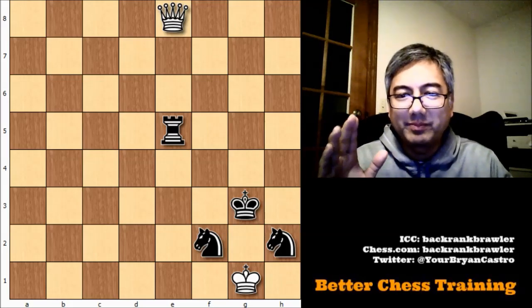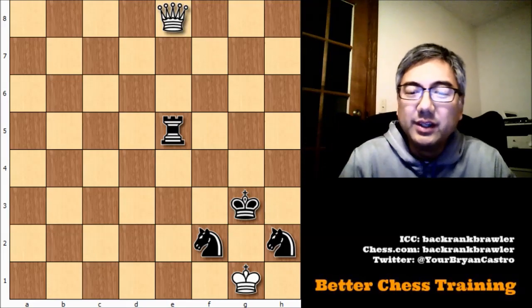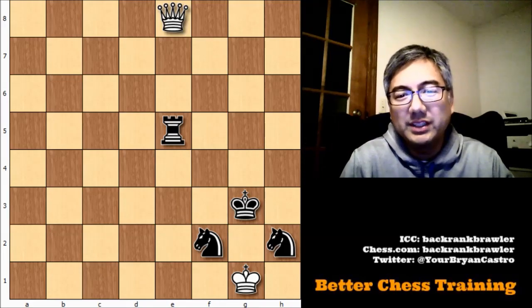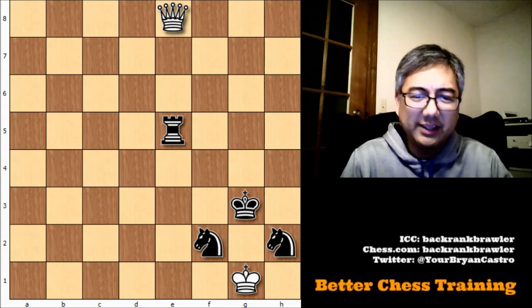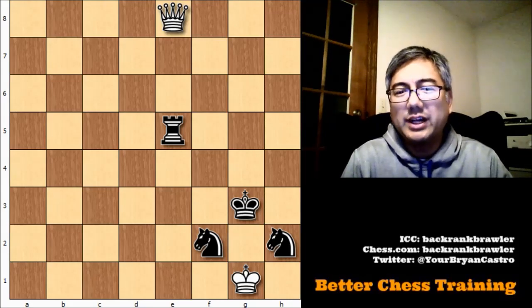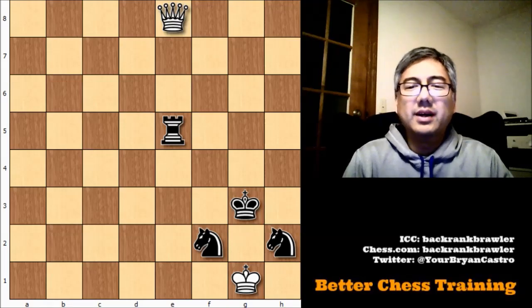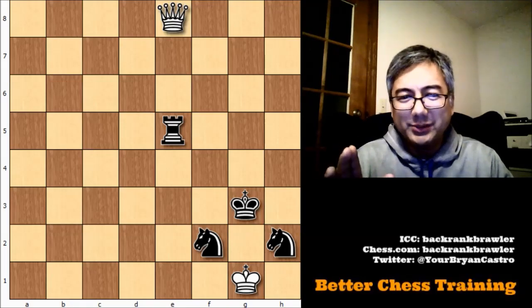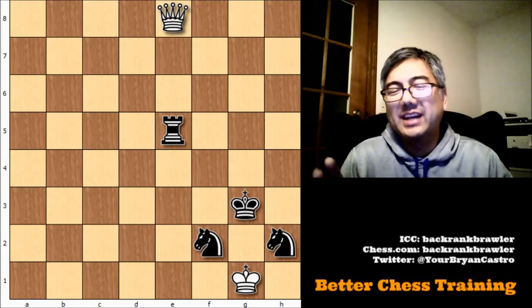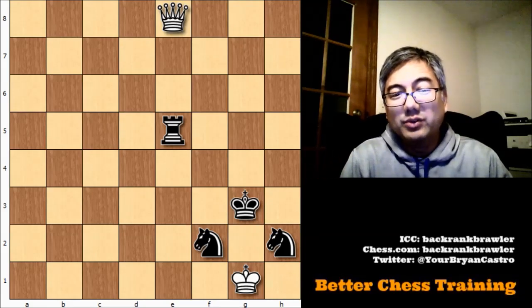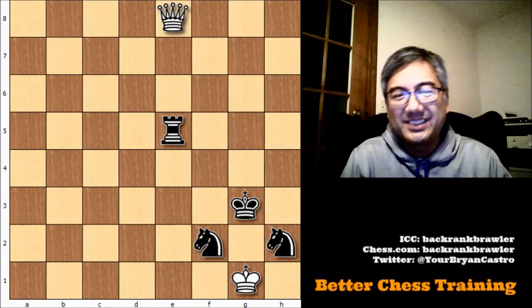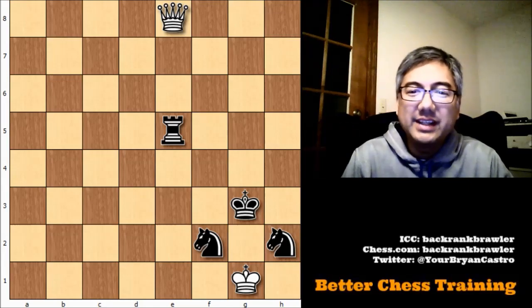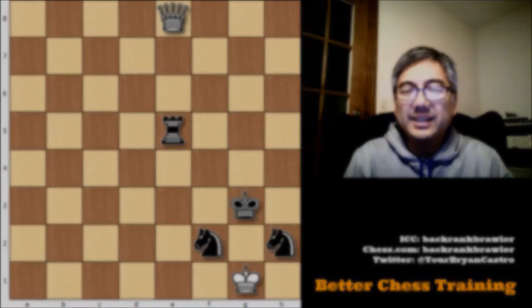Don't just start calculating moves, because a lot of times you're going to waste a lot of time calculating moves that are either irrelevant or unnecessary to have a grasp of the position. Okay? Again, I'm not encouraging you not to calculate, because obviously you analyze your moves, and calculating is very important. But especially if we're playing in a tournament game, or doing these rated problems on these chess servers where time is built into that, we want to make sure our analysis is efficient.